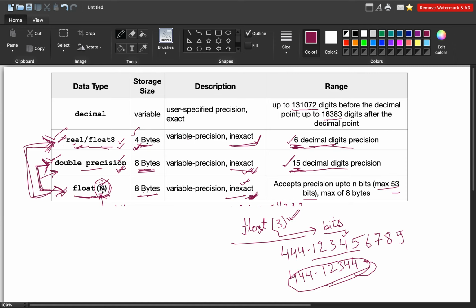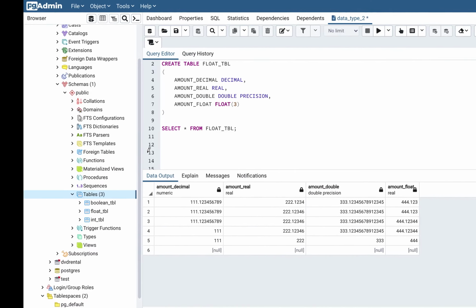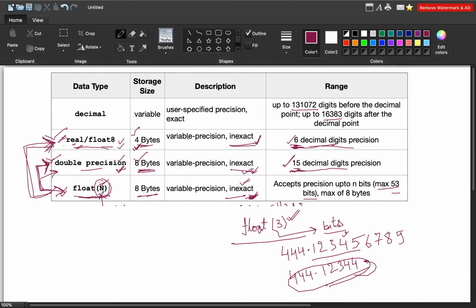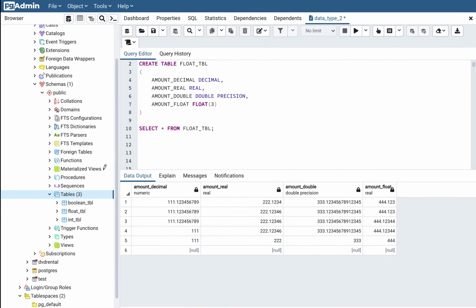If the value of float n is higher, and it gets converted to double precision, then the storage size will become 8 bytes. You must be very mindful about it. Then you might ask me, till what number of bits it is real and after what number of bits it becomes double precision. I will talk about that in detail.